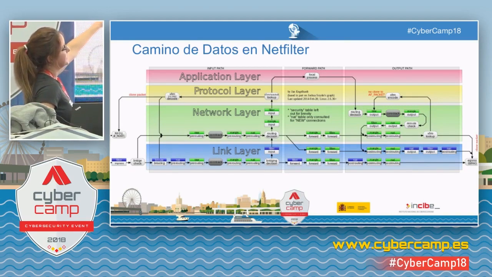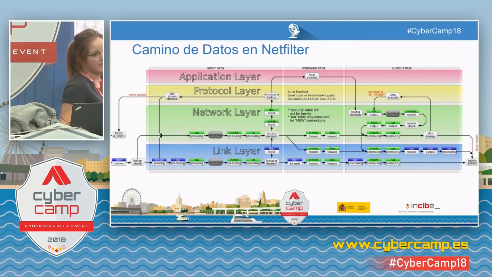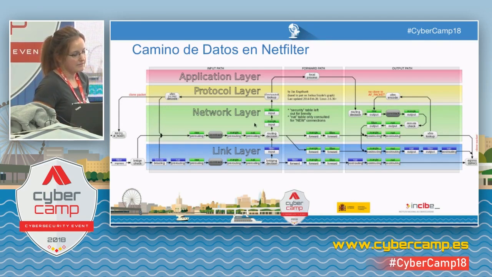For instance, in blue here, we describe the different steps on the link layer. Here we have the network layer, that's IPs. In yellow, we have the protocol. We know about the ports there.